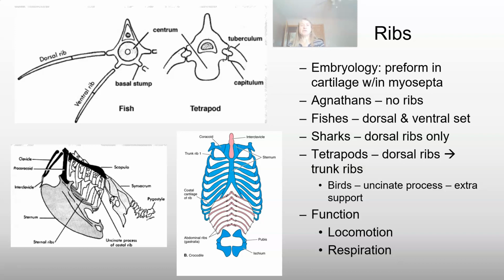They're also involved in respiration. So we have muscles within these ribs that help us respire, okay, help to increase and decrease the thoracic cavity volume. As well as a function I don't have on here, which is protection. So again, we're protecting our heart and lungs.